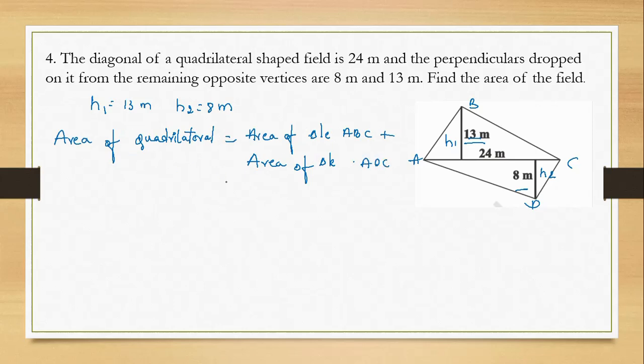Okay, first we want to find the area of the triangle ABC, and next we can find it equally.